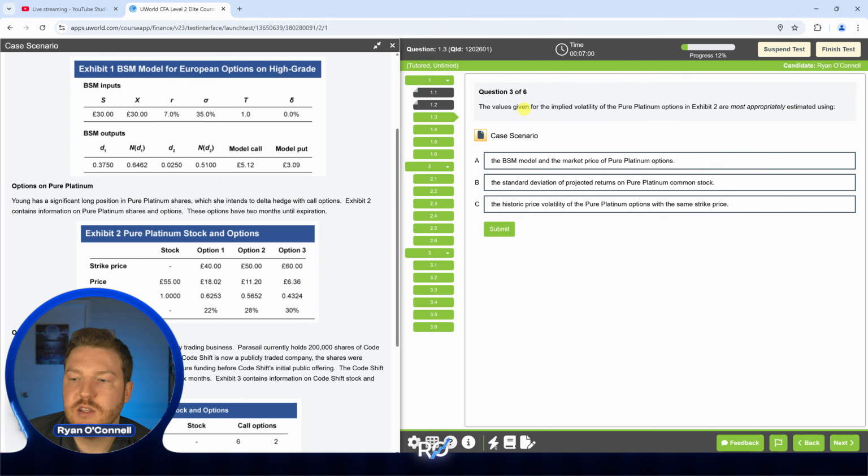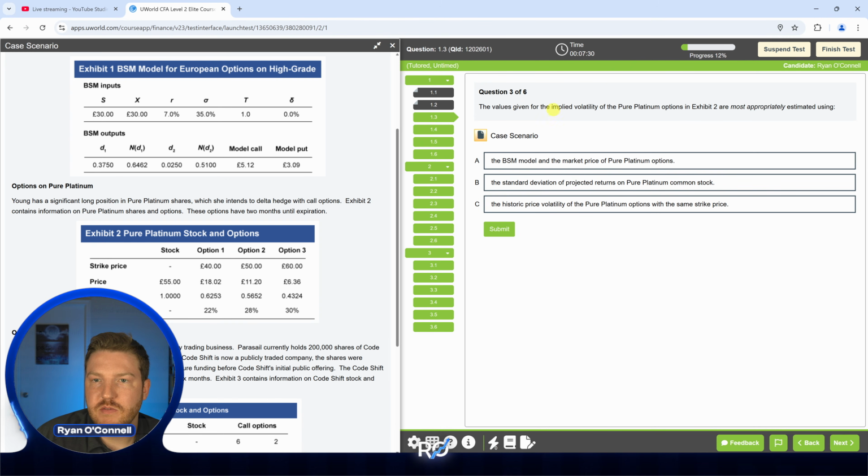So the next one says that the values given for implied volatility of the pure platinum options in Exhibit 2 are most appropriately estimated using. So let's take a look at what we're even talking about. We're looking at the same option table once again. We have these 3 options, and then we do have this implied volatility value for each of these different options down here.